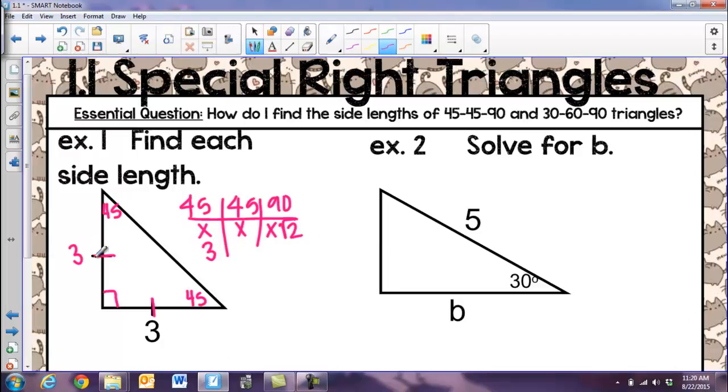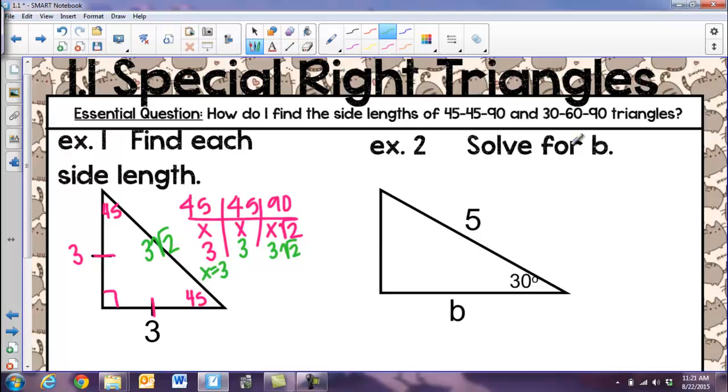I also know that that one is 3 just by inference. And so now I can fill in the rest of my chart. In this case, x equals 3. Pretty straightforward right there. Wherever I see an x, I can put in a 3, and I know that this missing side would be 3 root 2. Okay, pretty straightforward. Let's try one of the 30, 60, 90 guys.